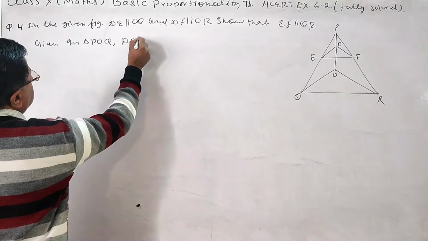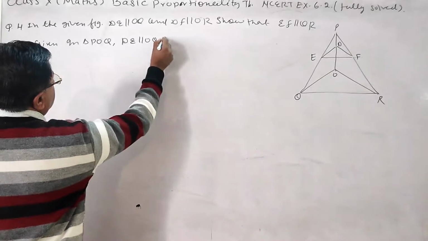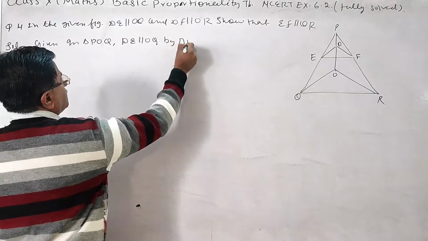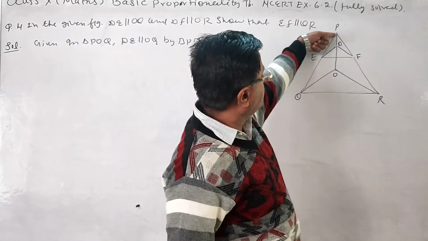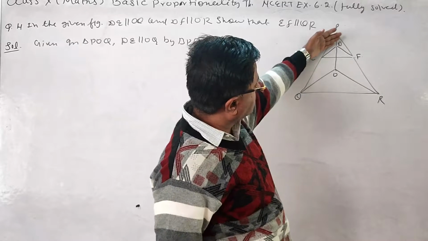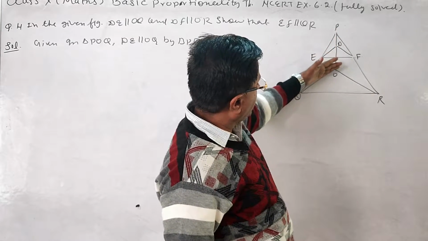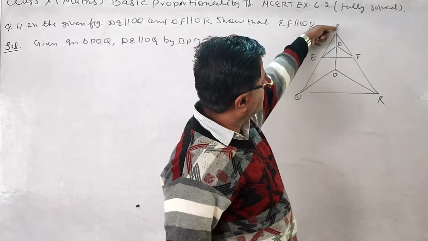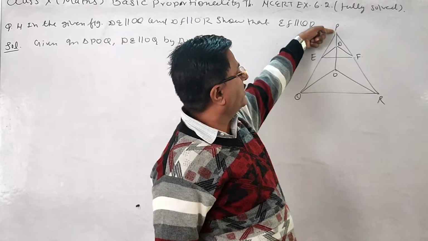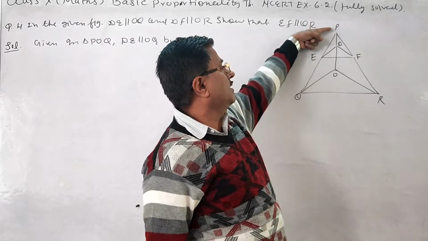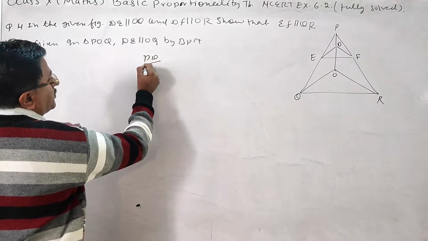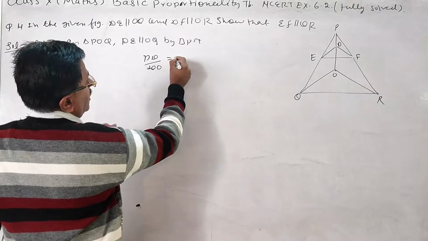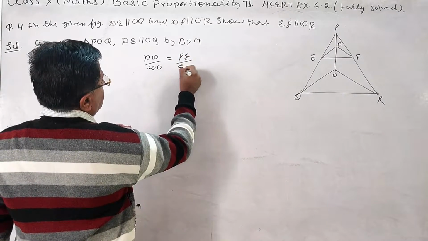In this, DE is parallel to OQ, so by the basic proportionality theorem, the other sides are divided in the same ratio. So PD upon DO equal to PE upon EQ.